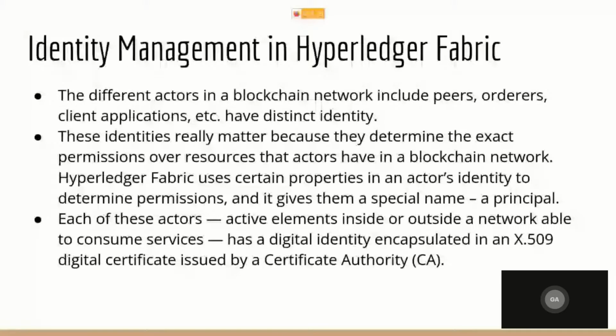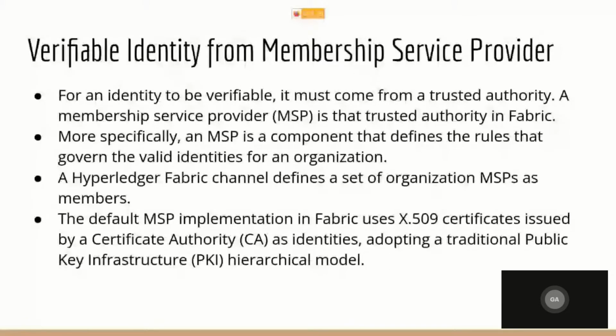In some cases, when you don't want to reveal the identity of the participating nodes or peers, you can use something known as identity mixer, which is a feature recently added. Identity mixer uses the concept of zero knowledge proof. So the identity is unlinkable. You can't trace the identity of the peers when you're using identity mixer, but it can be verified.